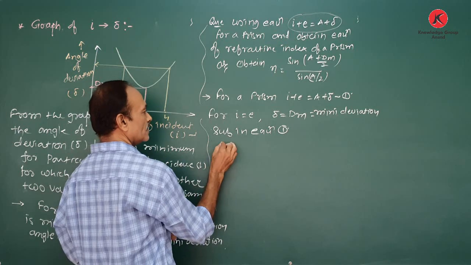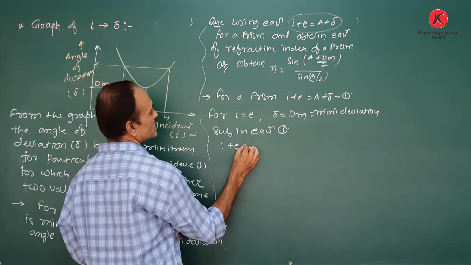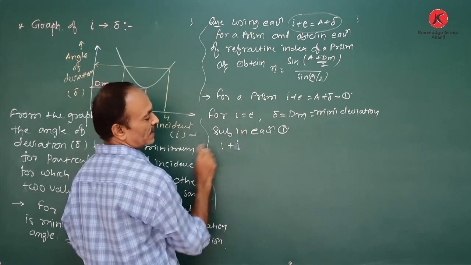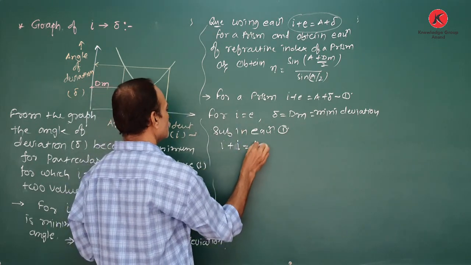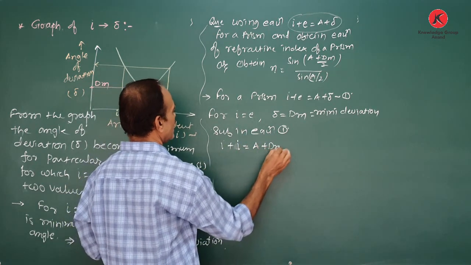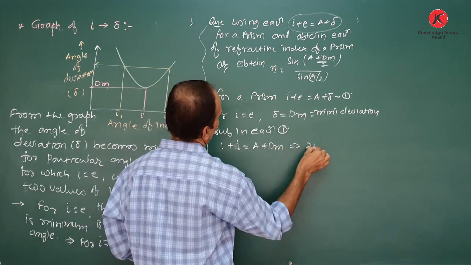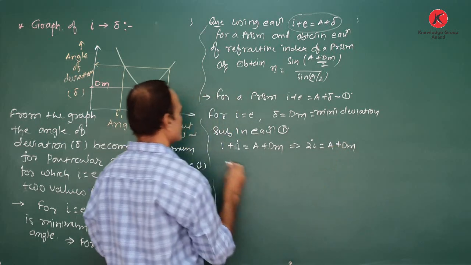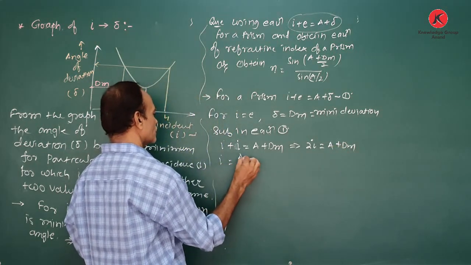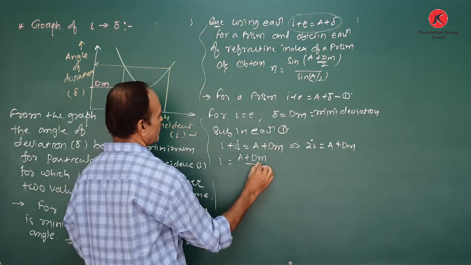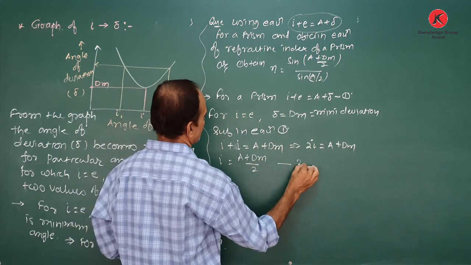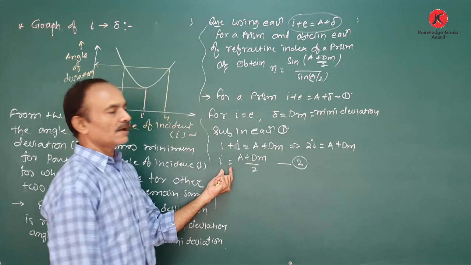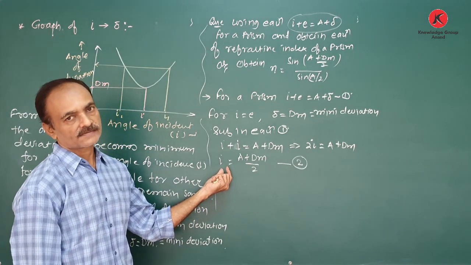Therefore, i plus i is equal to A plus dm. Therefore, 2i is equal to A plus dm, and i is equal to (A plus dm) by 2. That is the second equation. This way we obtain the value of the angle of incidence.